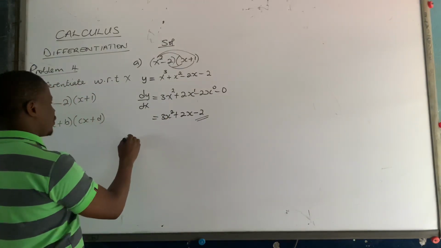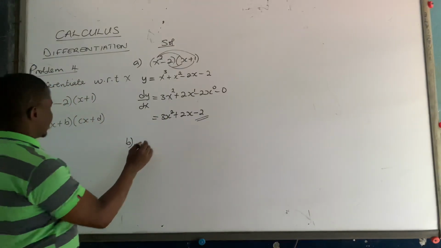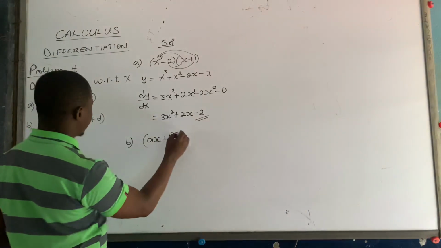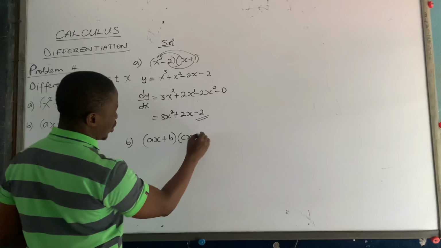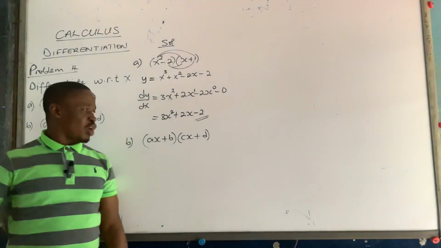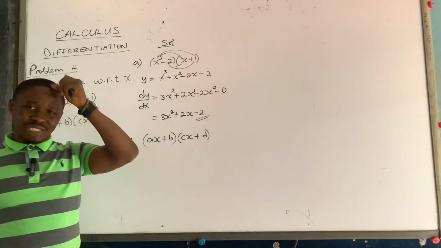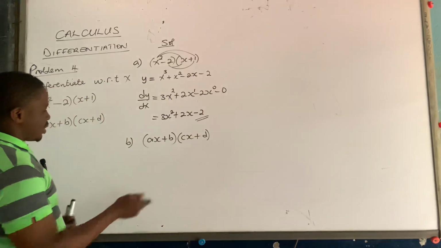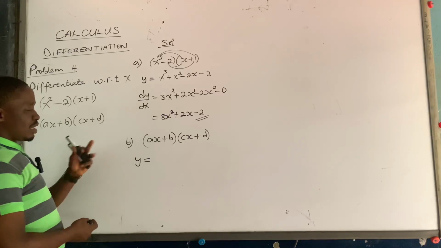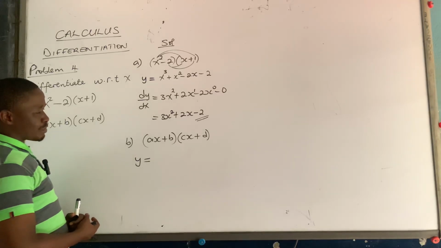So the B part of the question says (ax plus b)(cx plus d). If you want, you can apply the product rule. But if we want to escape the product rule, let's start by representing it with a letter. Let's say the quantity y.